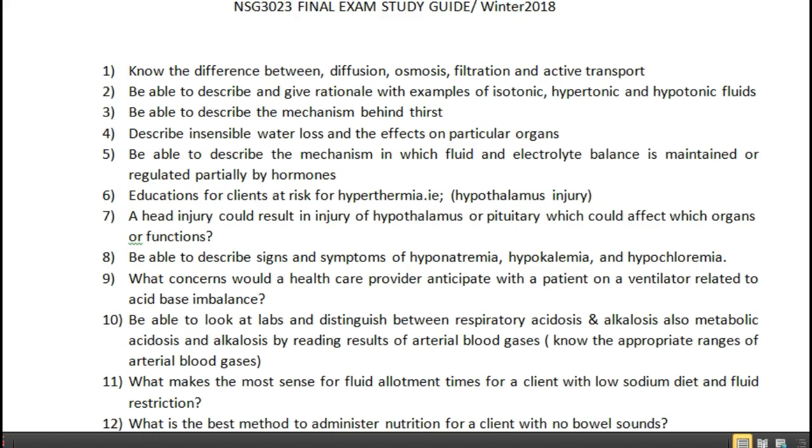The best way I could say it is, if you have release of antidiuretic hormone, that means you're holding on to urine. If you have a suppression of antidiuretic hormone, that means you're releasing urine.